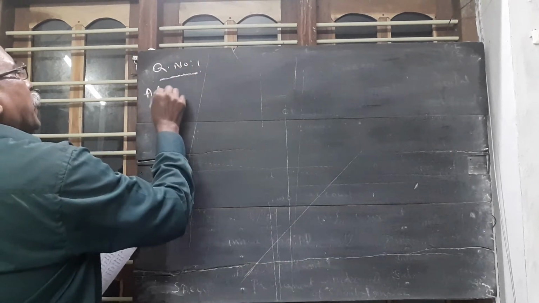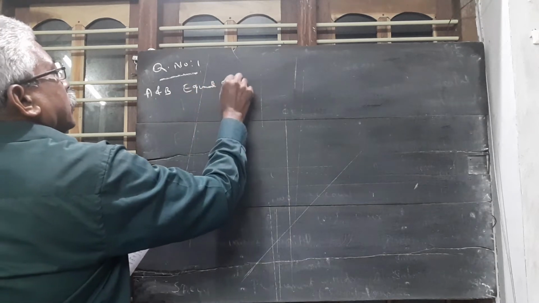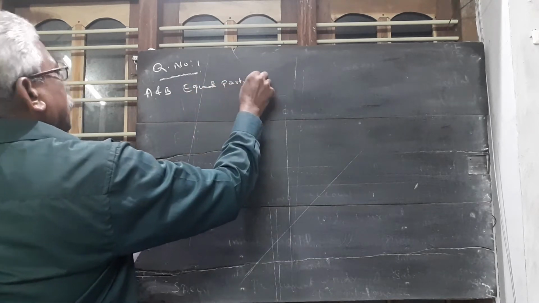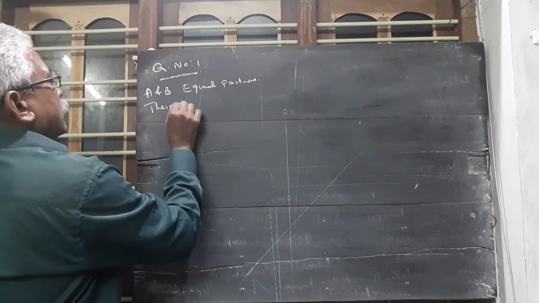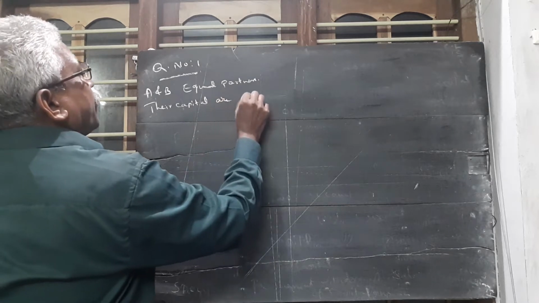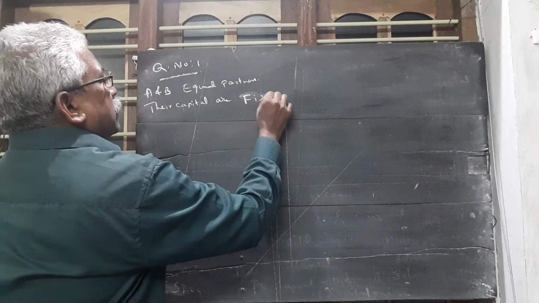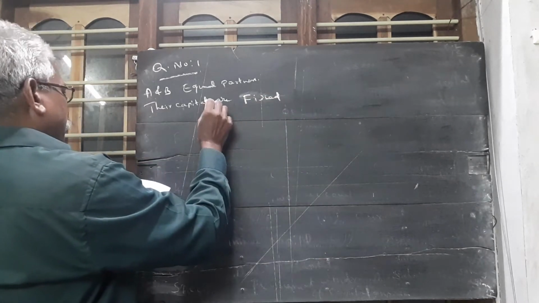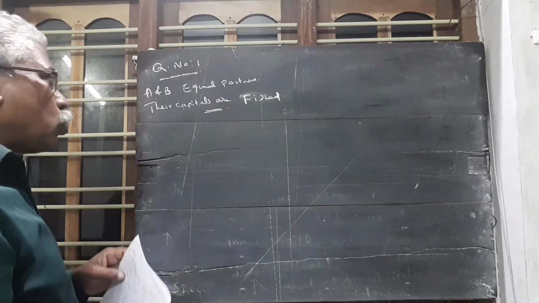A and B are equal partners. Their capitals are fixed. If the capitals are fixed, they have to maintain two accounts.